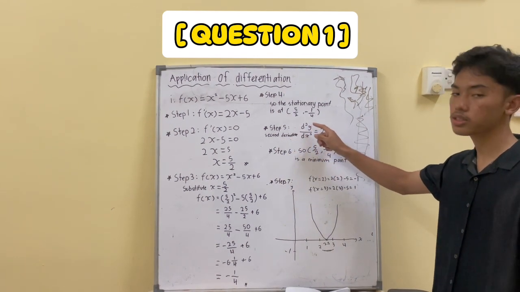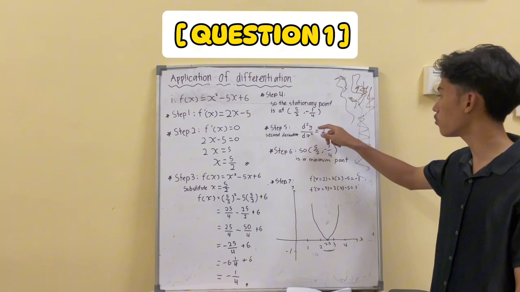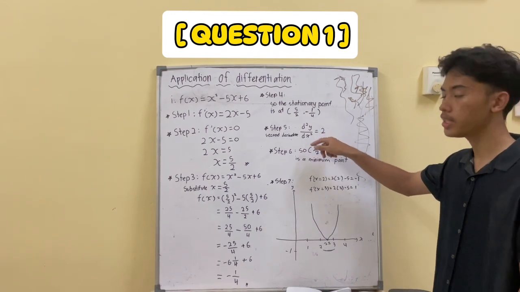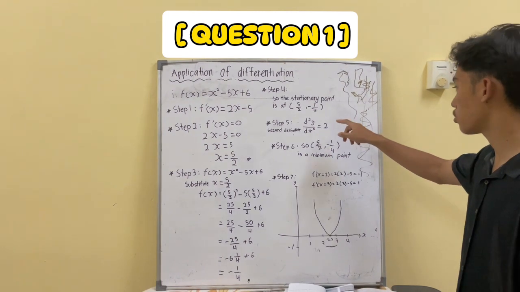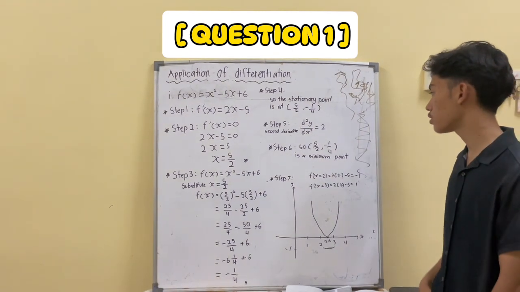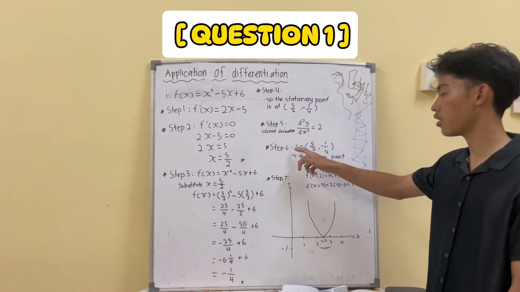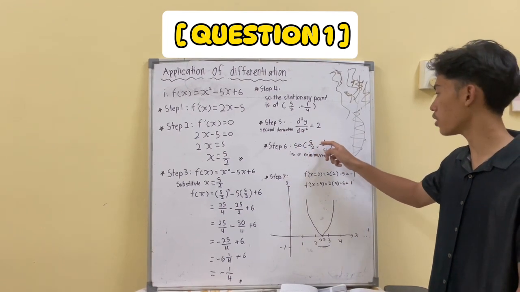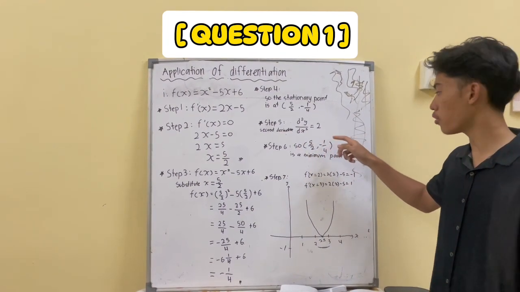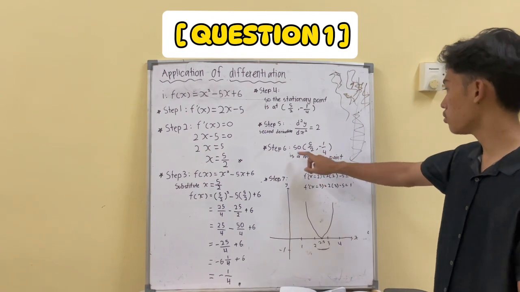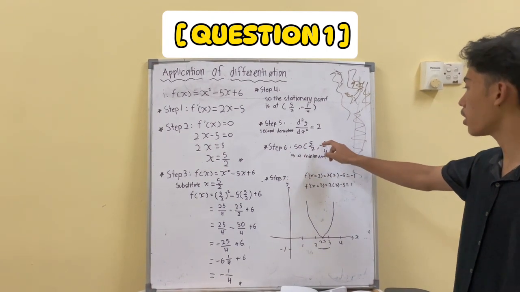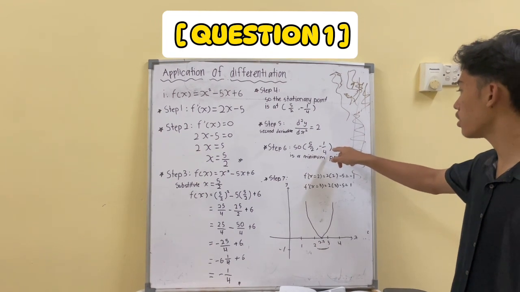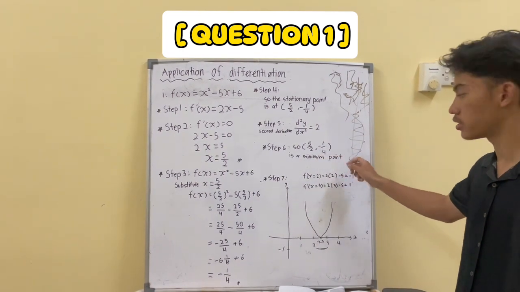The formula is d²y/dx². So we calculate, we get 2. So step 6, we have to write the coordinate (x, y) of the maximum and minimum points. So 5 over 2 and minus 1 over 4 is a minimum point.